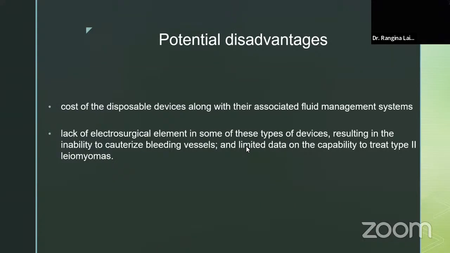About the potential disadvantages, we all know that, apart from what I have written, the instruments are so breakable, and that is a little bit of a disadvantage, because the instruments are very fragile.